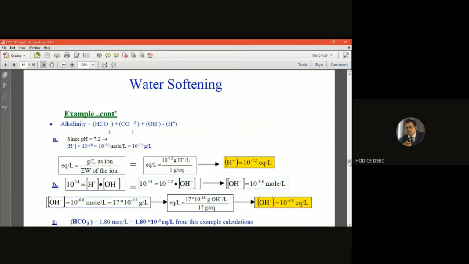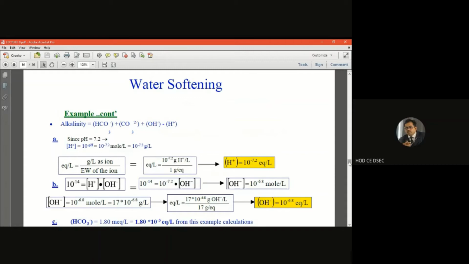So while calculating the alkalinity of the solution, we must add the HCO3 minus, CO3 minus, OH minus, but one thing I will subtract, that is the H plus. Because three ions are responsible for alkalinity: HCO3 minus, CO3 minus, and OH minus. Those three are additive, and one is subtracted, that is the H plus hydrogen.